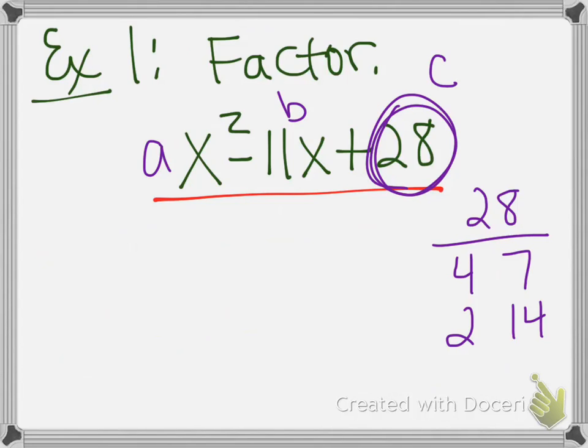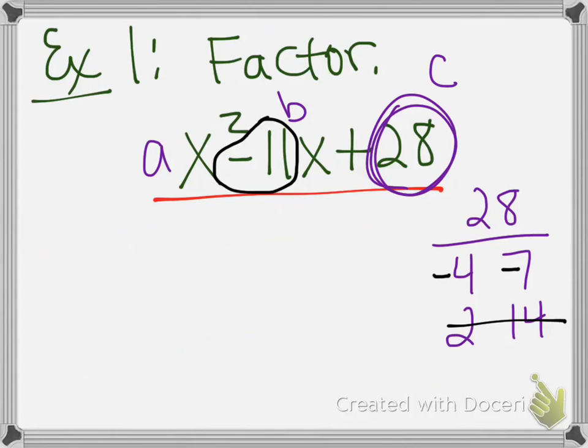So now with these combinations, I want to see which of the combinations could add up to negative 11. So could 4 and 7 add up to 11? Yes. Could 2 and 14 add up to 11? No, that's not possible. So the question would be, how do I make 4 and 7 become 11 but also be negative? That would have to be negative 4 and negative 7.